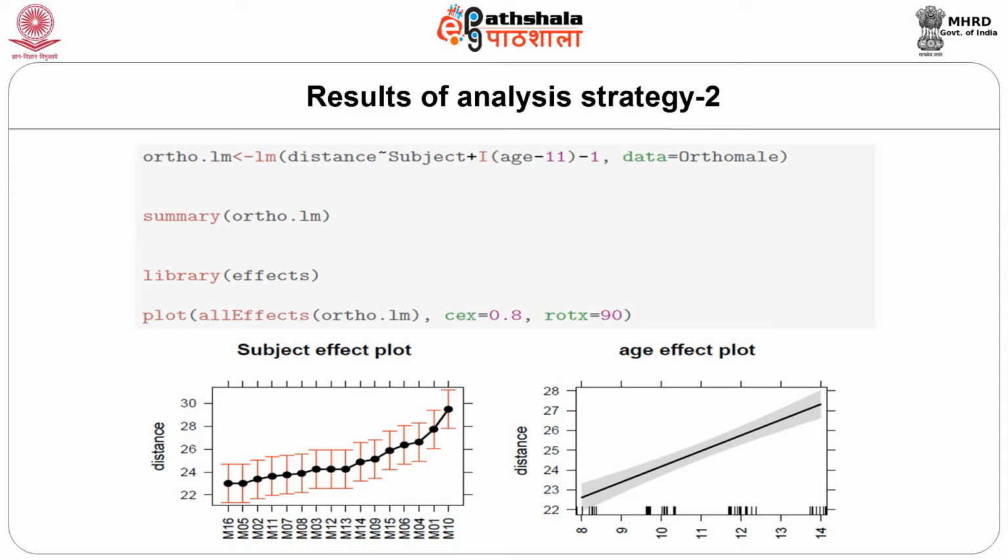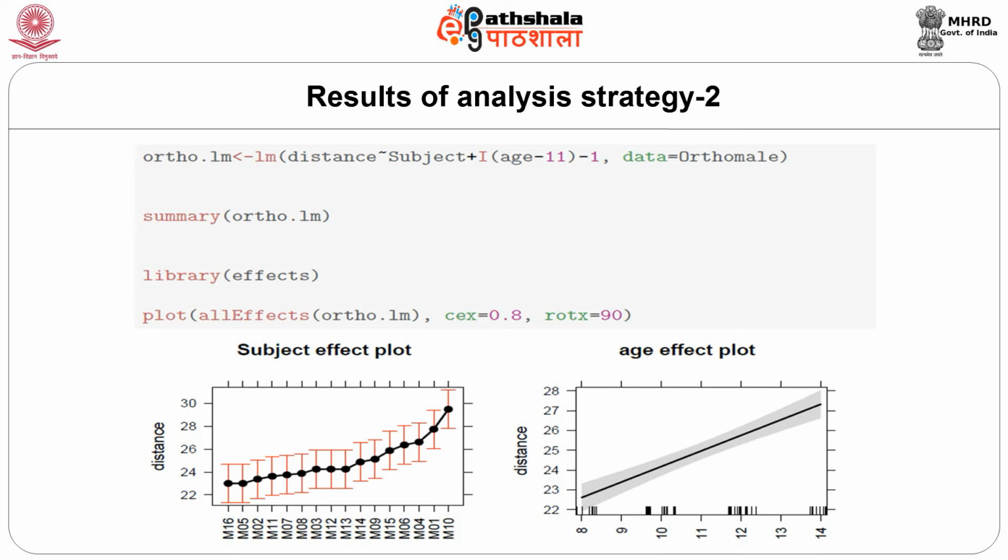If I had added the intercept, then it would have given the mean effect and the deviation of each subject from the mean. We don't want that at this point of time. So I have written the model as distance explained by subject plus I(age - 11), without the intercept, that's -1, and the data is Orthodont.